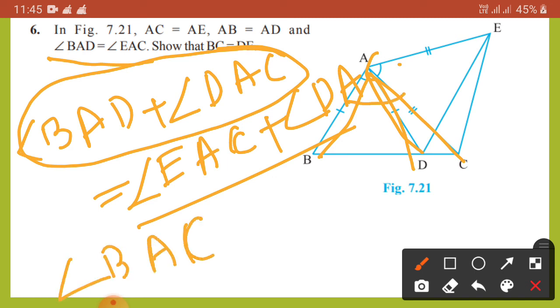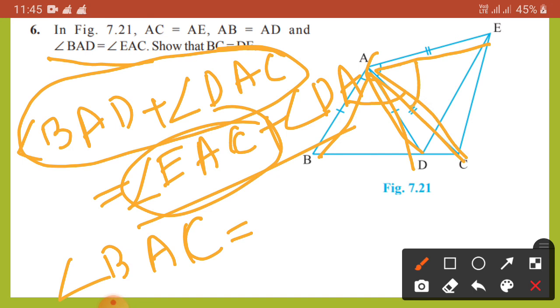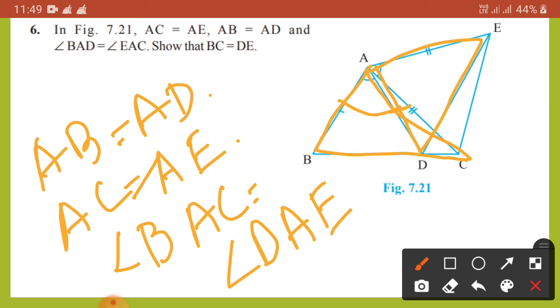On the right side, angle EAC and angle DAC give angle EAD. So angle BAC is equal to angle EAD.